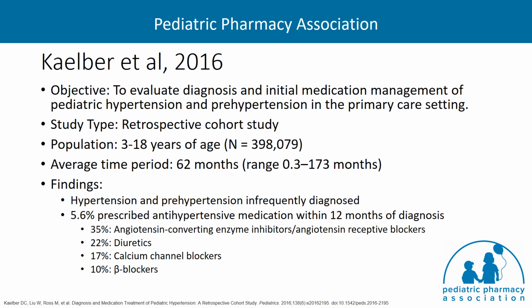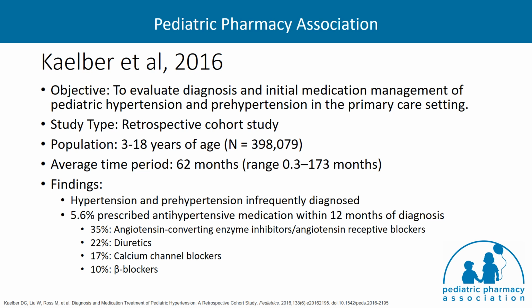This study had an average time period of around 62 months, which ranged from 4 months all the way to about 14 years. Included around 400,000 patients, and overall it found that hypertension and prehypertension are not diagnosed frequently, and that goes back to what we were describing in the incidence slide at the beginning of this presentation.